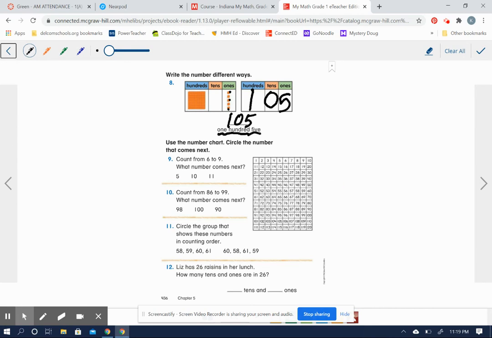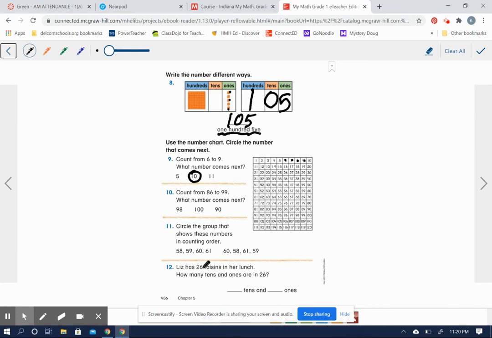105. Okay, now we're going to use this number chart over here, and we're going to circle the number that comes next. If we counted from 6 to 9, here's 6, 7, 8, 9. What comes next? Okay, it's right there. So that would be 10. I don't know. You probably don't even need that chart, do you?